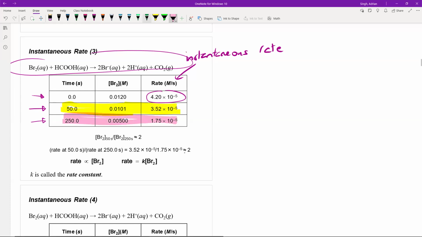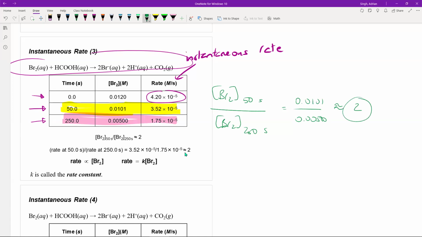If I divide the concentration of Br2 after 50 seconds by the concentration of Br2 after 250 seconds, what I end up with is 0.0101 divided by 0.00500. That gives me approximately, really close to 2. Okay, so between the 50 and the 250 seconds, the difference there is that the concentration of the bromine has actually halved.